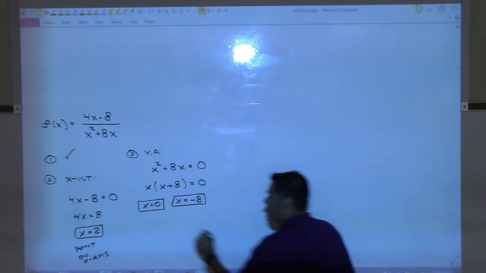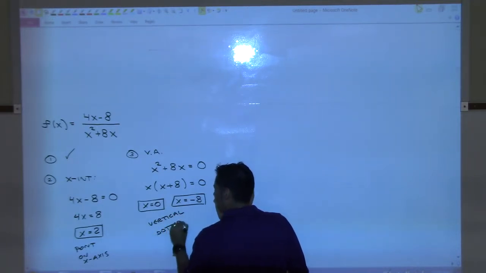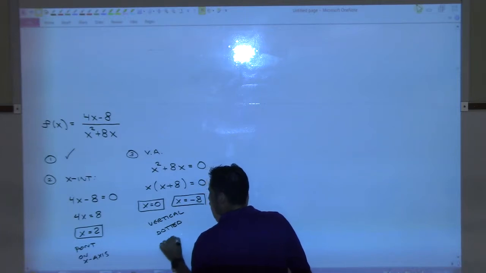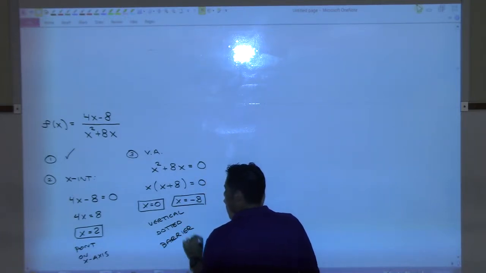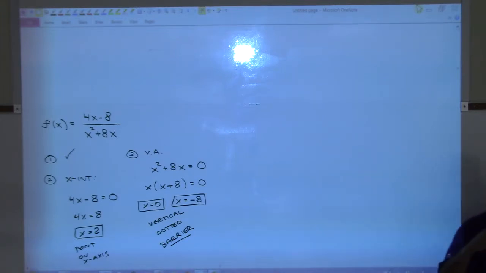Vertical dotted line. These are our vertical dotted barriers. I'm going to call them barriers. I really like that. Right? They act like this wall that our function cannot cross as we're trying to draw it. And so it forces our function to go up or down. Remember seeing those earlier? Okay.